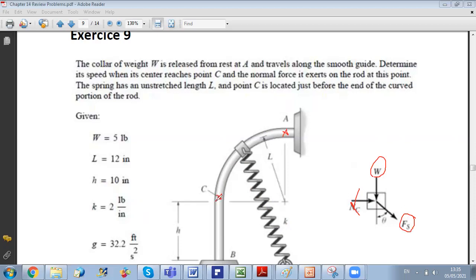Now, if you want, I will add a question. If in case we have friction, what should we do? Okay. Let us solve it with friction so that it will become more complex and you will benefit from it. So, in case you have friction in this problem, at any position I will have the normal reaction.